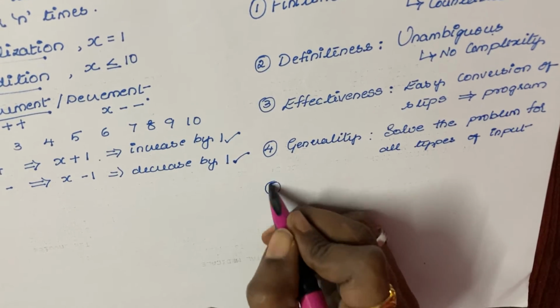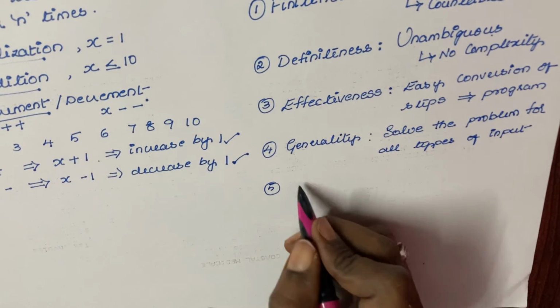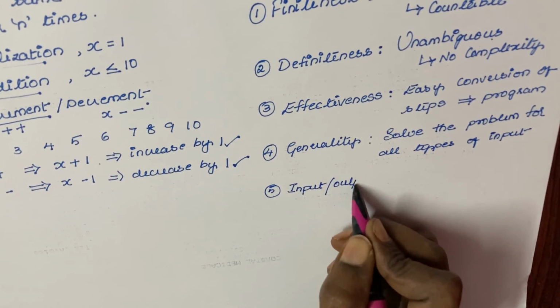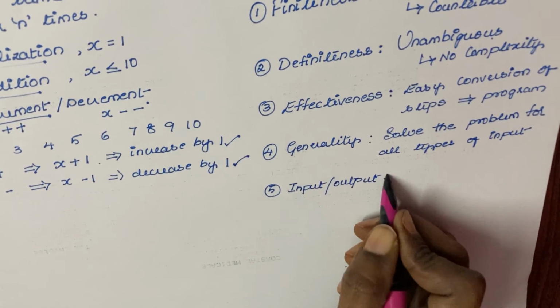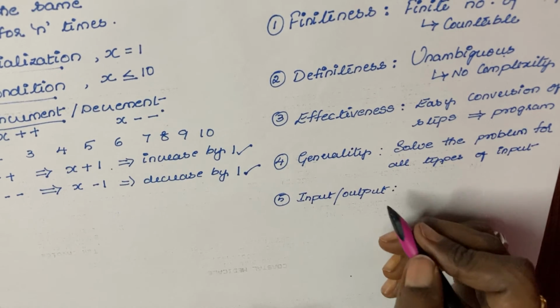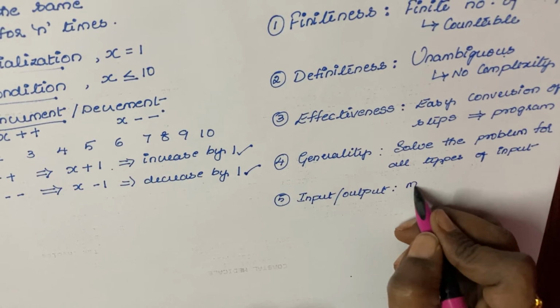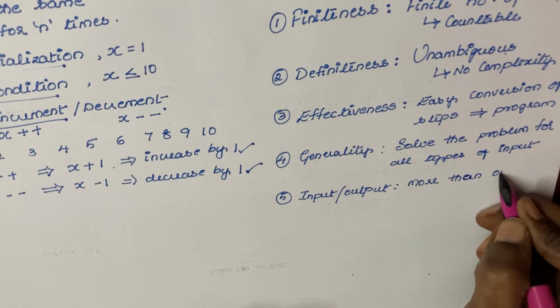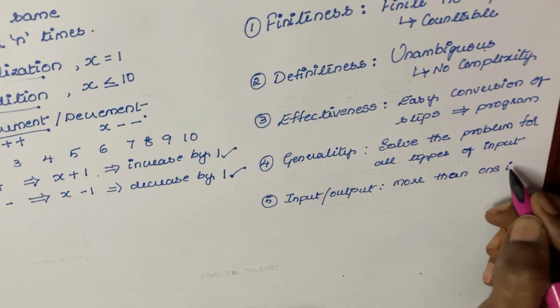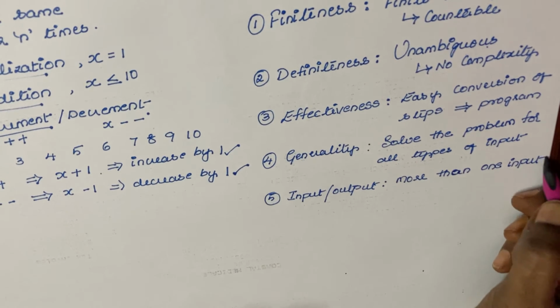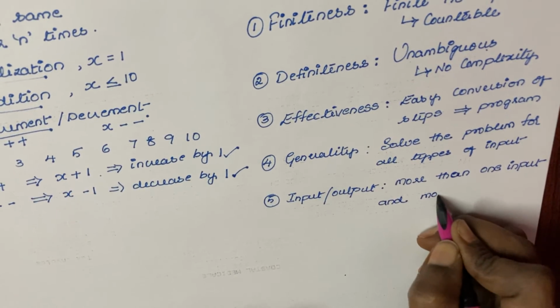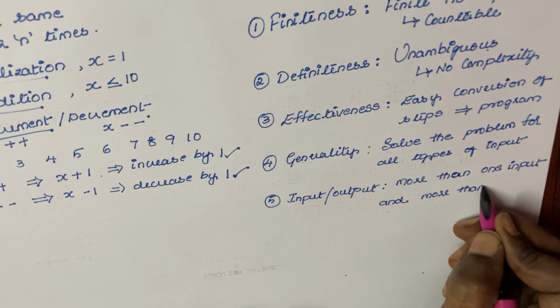And coming to the fifth property, input and output. Here the user may give more than one input and get more than one output.